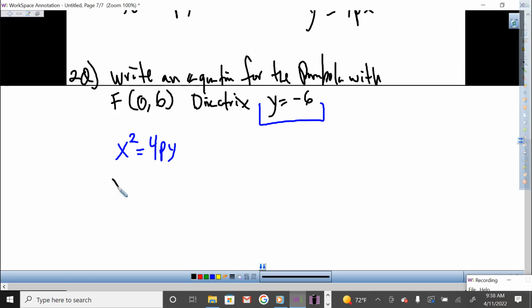So we get x squared equals 4 times p times y. Now, check this out. For p, I said use the focus value. What is the focus value at this point? 6. Why 6? Because that's the distance from the vertex to the focus and the same distance from the vertex to the directrix. 6 steps. There it is. So my equation is x squared equals 24y.